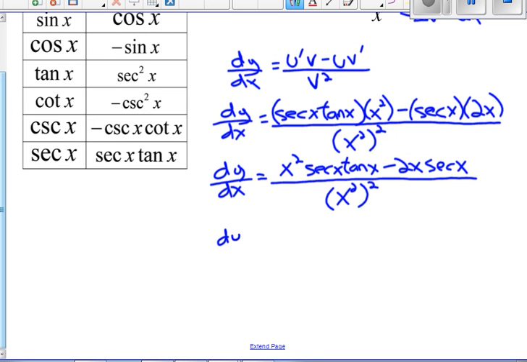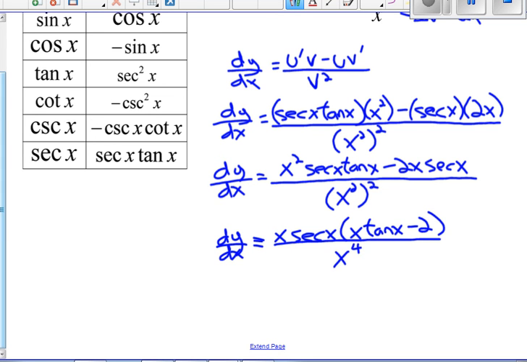Okay, now you might notice that on the top we have a common factor. We've got an x that's common. We also have a secant that's common. So let's take that out. We'll have x secant x. That leaves us with x tan x minus 2. On the bottom, if I work it out, I have x to the 4.